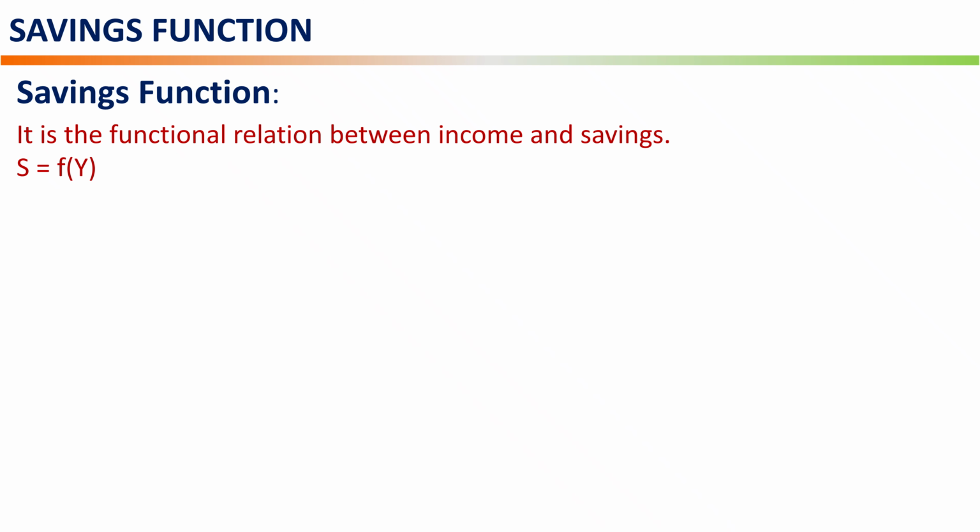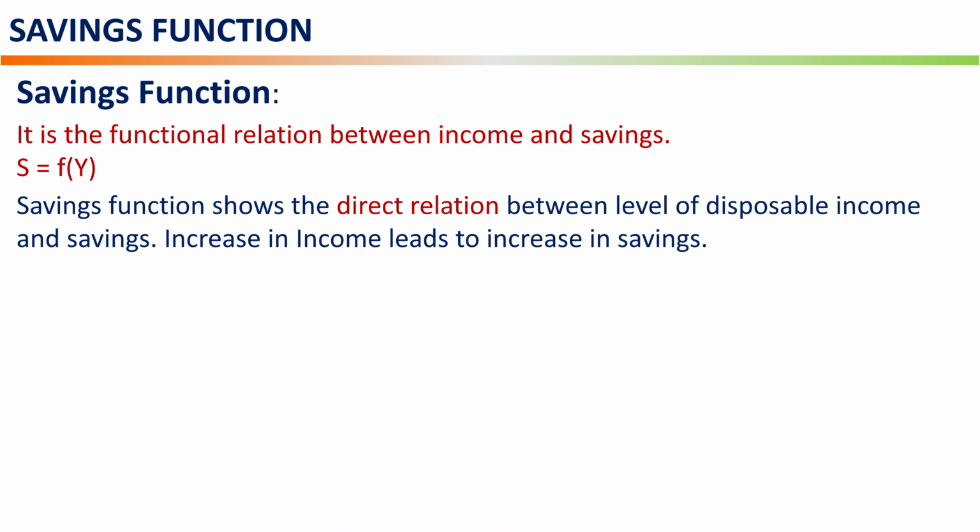Let's understand the savings function. Savings function is the functional relation between income and savings. S is a function of Y, where S is savings and Y is income. As income increases, savings of the households also increase, along with increase in consumption.